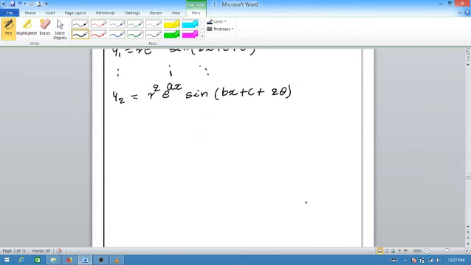So therefore you will arrive at yn. yn is equal to r raised to n e raised to ax into sin(bx plus c plus n theta). So substitute r and theta.